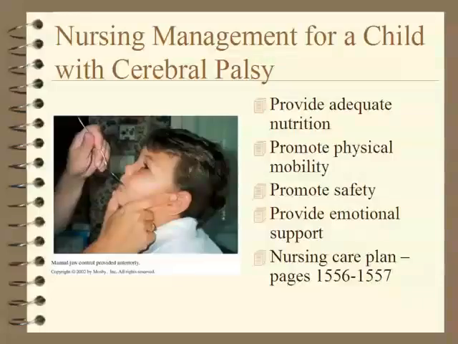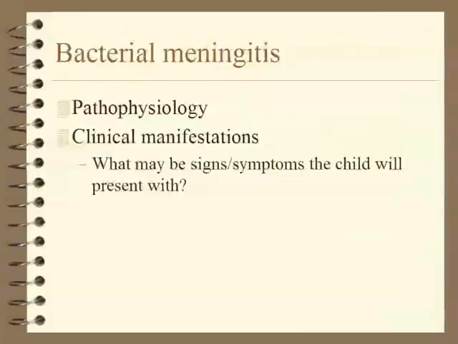So over time you'll see that parents are continually facing new challenges. We'll talk more about the effects of chronic illness during week 5. But the financial strains, frequent hospitalizations, all those issues come into play. And you have a nice care plan for a child with CP in your textbook on pages 1556 and 1557.